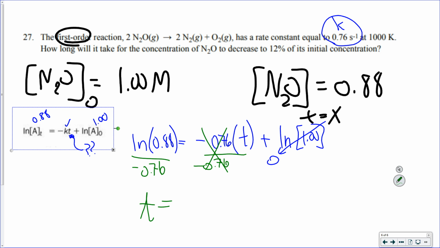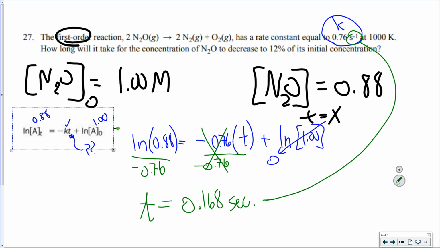So it's the natural log of 0.88 divided by negative 0.76. Since K is in inverse seconds, our time is going to come out in seconds. Less than 0.2 of a second.